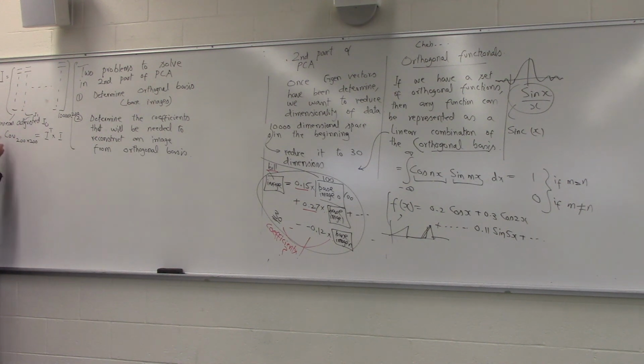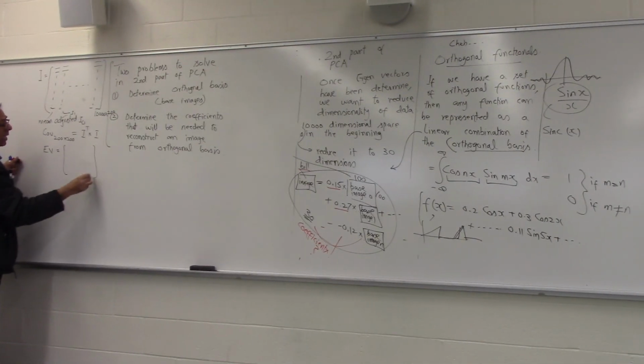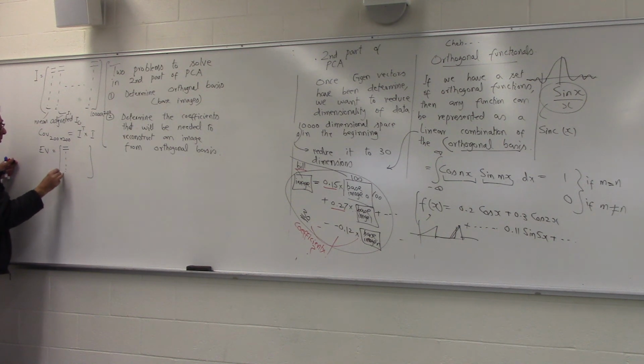Then next step was we computed the eigenvalues, eigenvectors. Then we, corresponding to the top 30 eigenvalues, we created the eigenvectors, we assembled them. So for example, this is EV0, this is EV1.